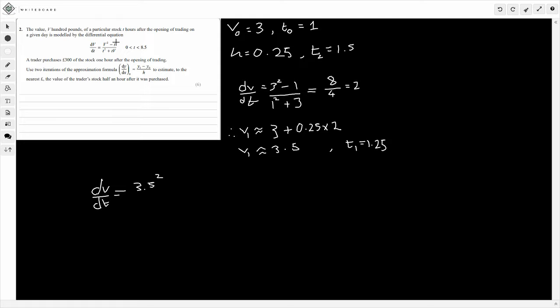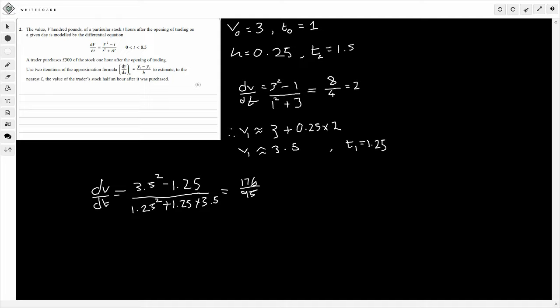This is the t1 that's going into here as well, so minus 1.25. Divided by t squared, so 1.25 squared, plus tv, so 1.25 times 3.5. My writing's a bit scruffy, it's a bit too early for me. So this is 176 divided by 95. I've already done the calculations for you, but you should get 176 divided by 95.